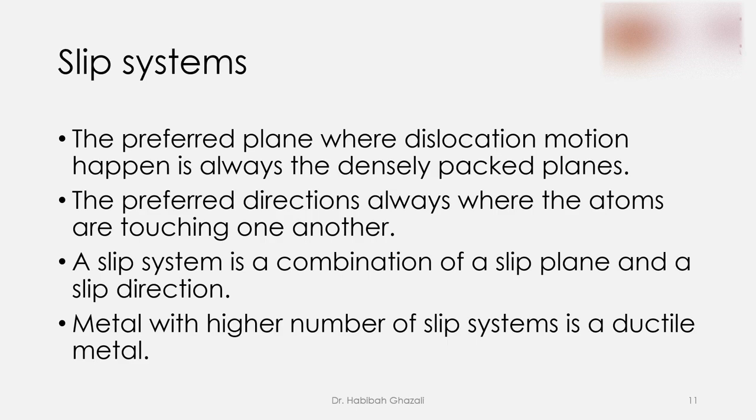This is because the motion of dislocations can happen in a lot of slip systems. So that metal has higher deformability compared to a crystal structure that has a lot fewer slip systems in its unit cell.